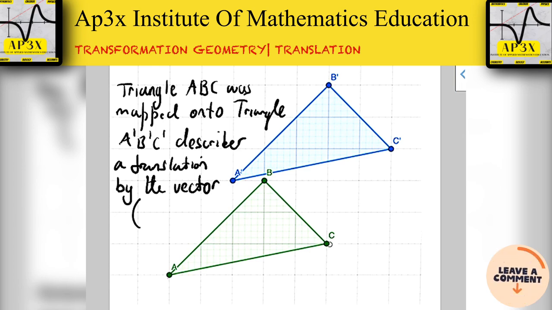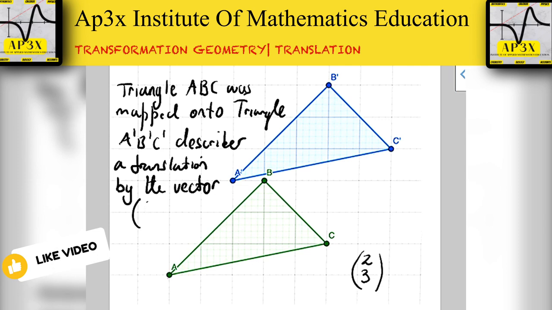So here, just to check C, it seems as if to get to C prime, I may have to take 2 steps to my right, and 3 steps up. So from C to C prime means I'm going to take, say here, 2 steps to my right and 3 steps up.